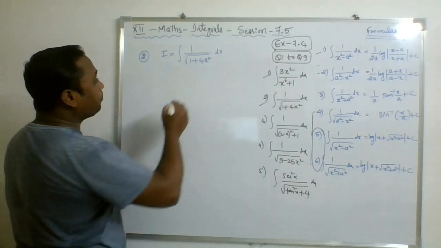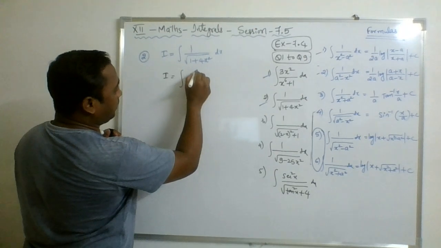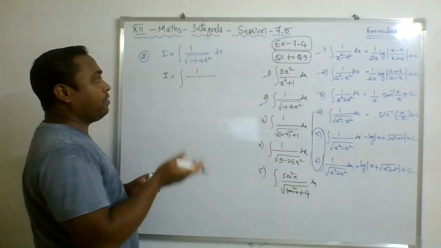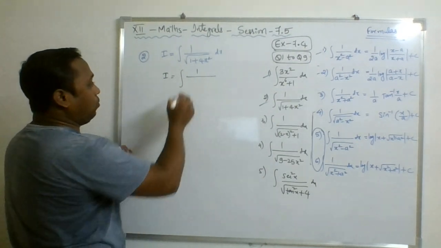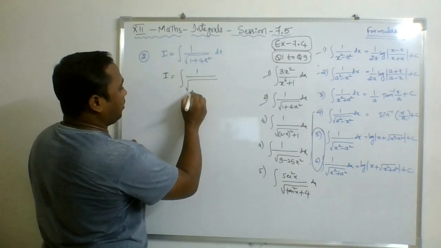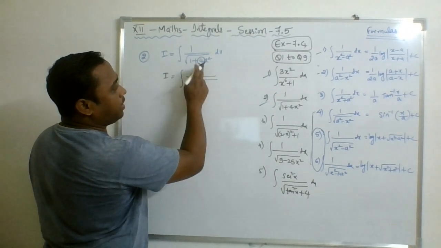See, if I take 4 as a common factor, there are two ways. I can go with the substitution technique also, or I can do it without the substitution technique. So I am doing it without the substitution technique. I am just taking the common factor. The coefficient of x square is 4.